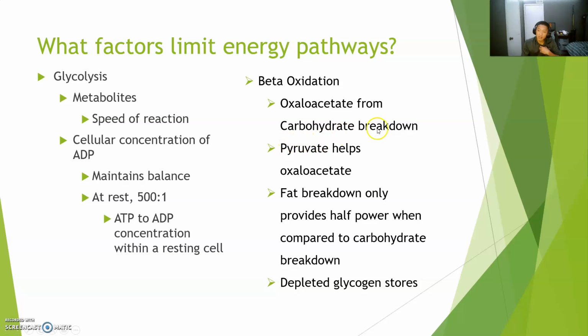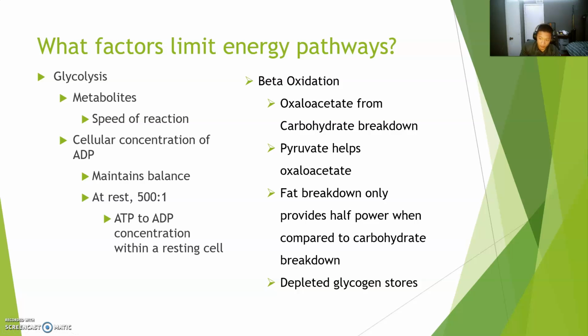As for beta oxidation, it relies heavily on the breakdown of carbohydrates, or glycolysis, because that produces oxaloacetate, which is a key component in beta oxidation.